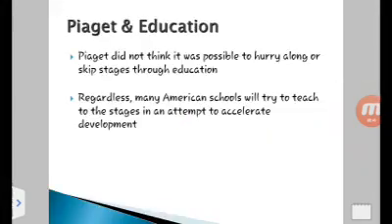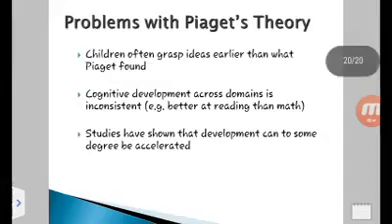In education, Piaget did not think it was possible to hurry along or skip stages through education. It's good if the child experiences each stage. Regardless, many American schools will try to teach the stages in an attempt to accelerate development. Now, the problem with Piaget's theory.